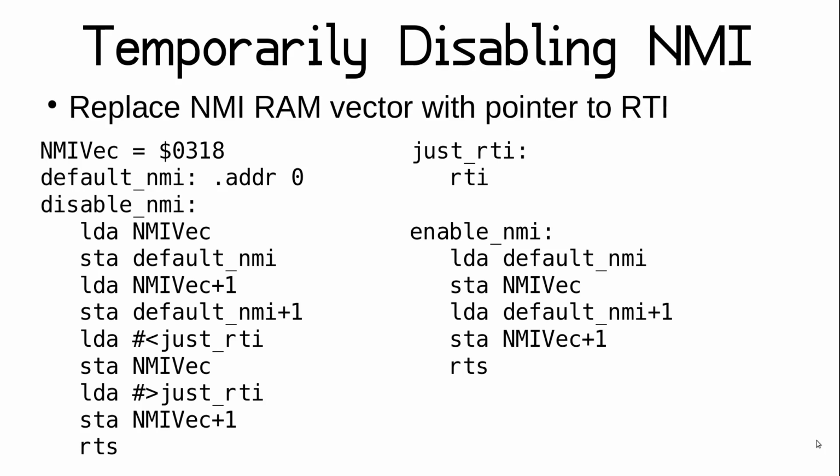Then we define justRTI to be simply that, just a single RTI instruction. This means that any NMI will result in simply loading up the stack, then pulling it right back out and returning to the main thread. Finally, we define one more subroutine called enable NMI, which will copy the original NMI vector address back to where it was, and default NMI handling can resume.